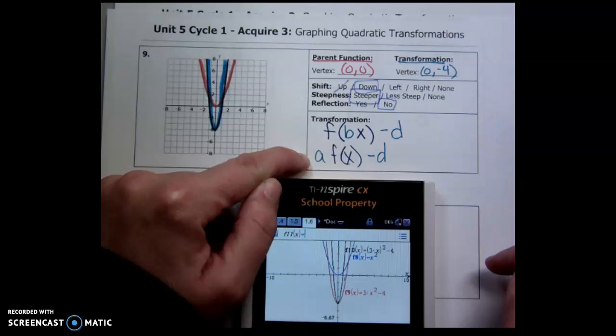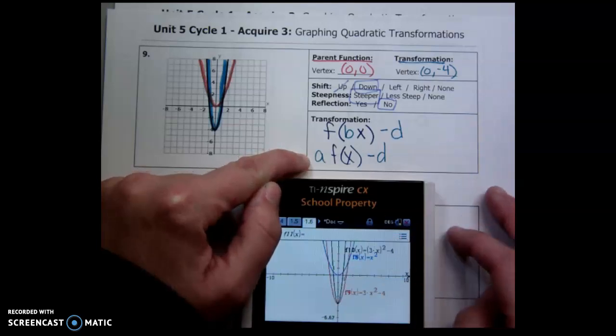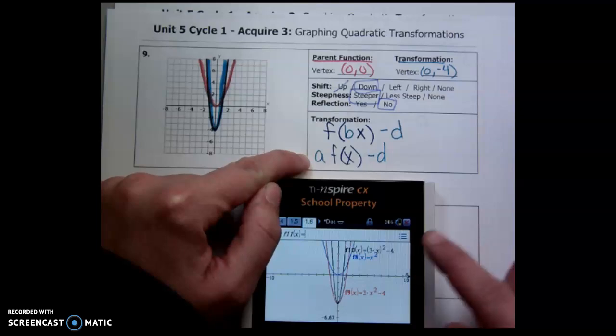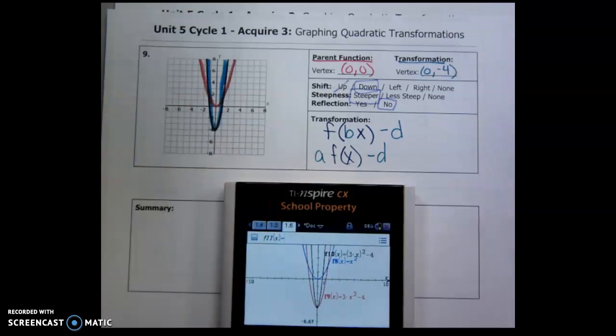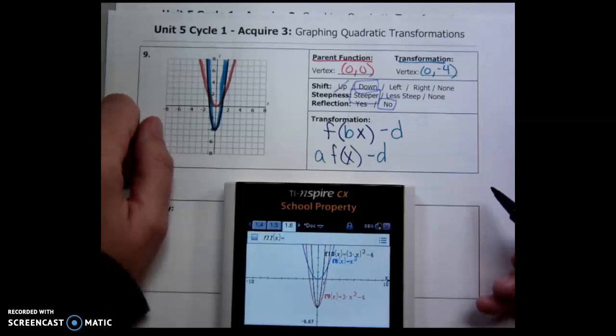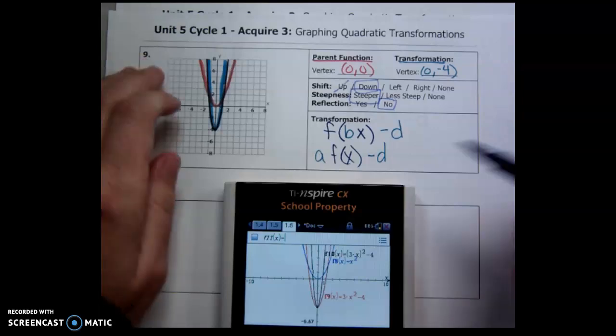A f of x minus d is this red line. Okay. So it's still steeper, but not so much steep. It's less steep than the other one. So which one are we going to use? The way I can tell is I'm going to look on my calculator.